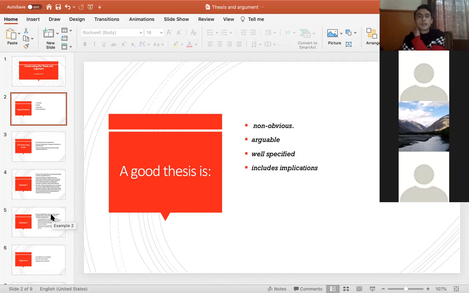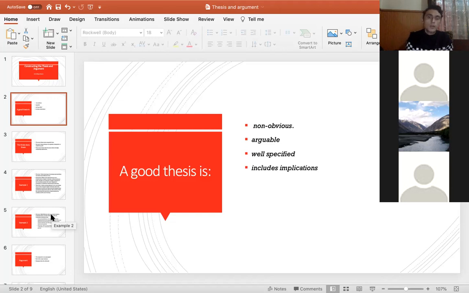Although it looks like a less mature example, a thesis statement of the kind, Earth revolves around the sun. It is a fact. It is obvious. So that cannot be a thesis statement. Rather, a thesis statement should be a statement which in fact requires arguments to be proven.